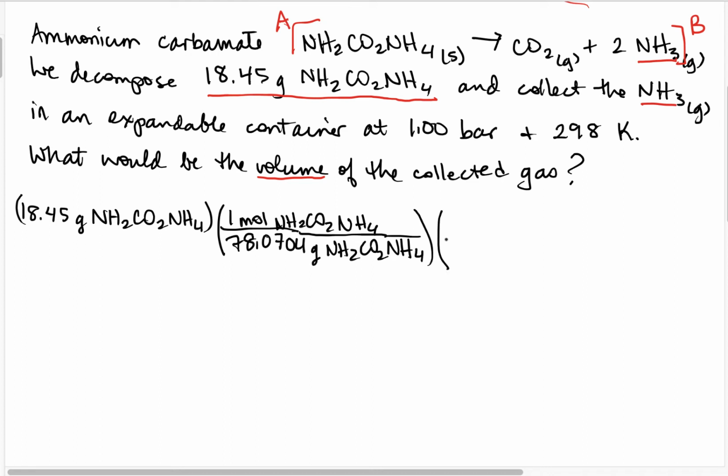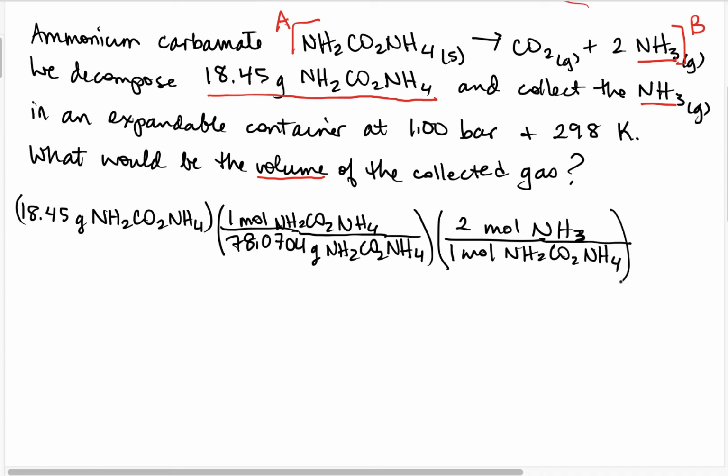And now I want to go to moles of ammonia. So I have 1 mole of ammonium carbamate. That produces 2 moles of ammonia gas.